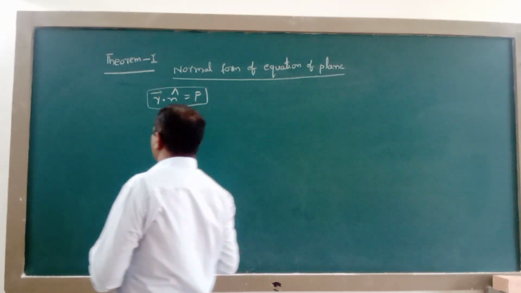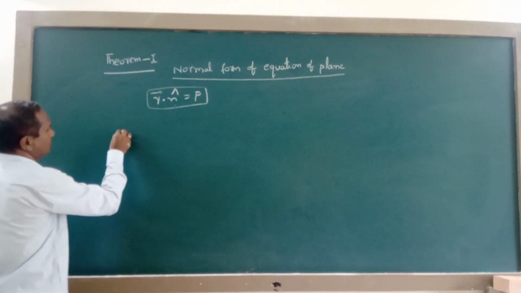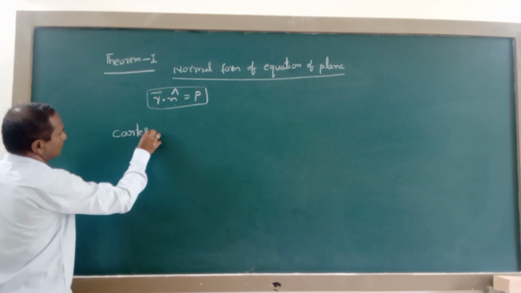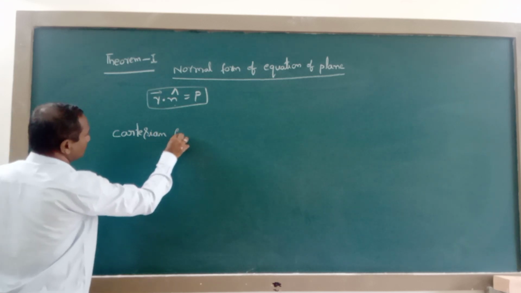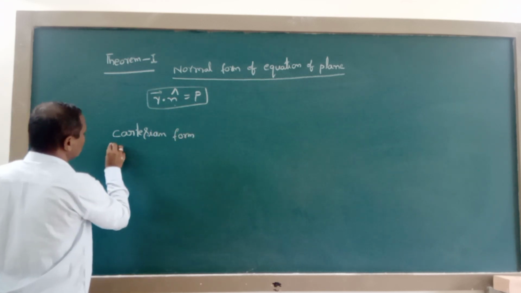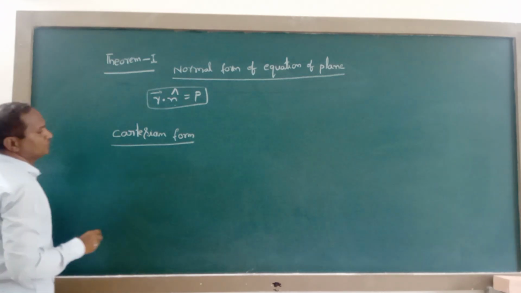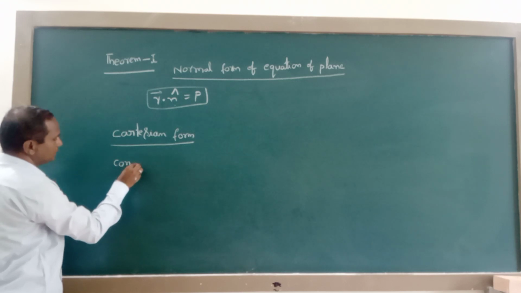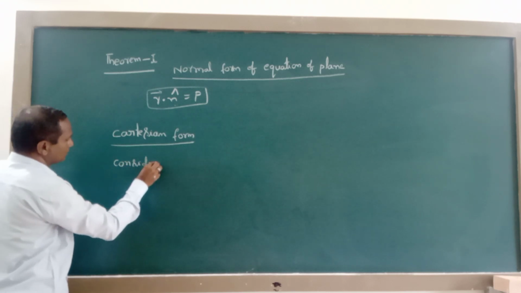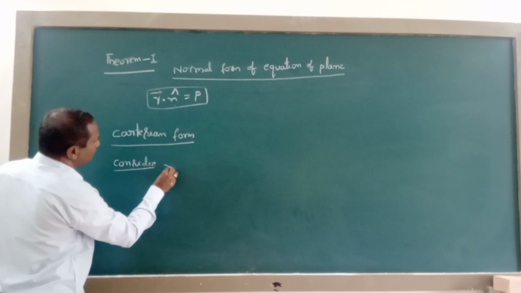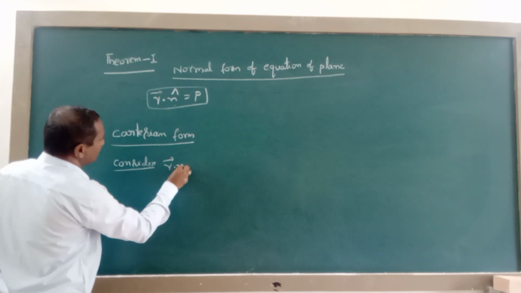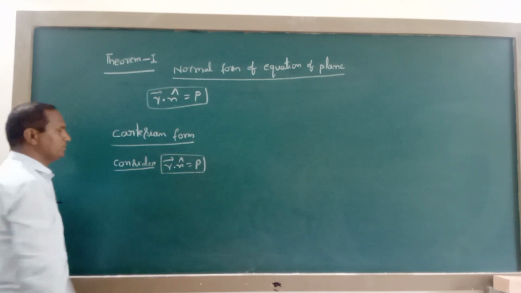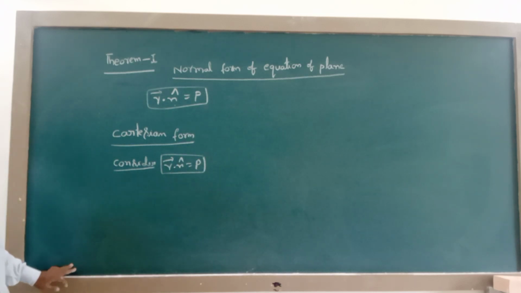Proof of the Cartesian form. For this, consider r vector dot n cap is equal to P. Based on this normal form of the vector form, we are going to give the Cartesian form of the equation of the plane also.